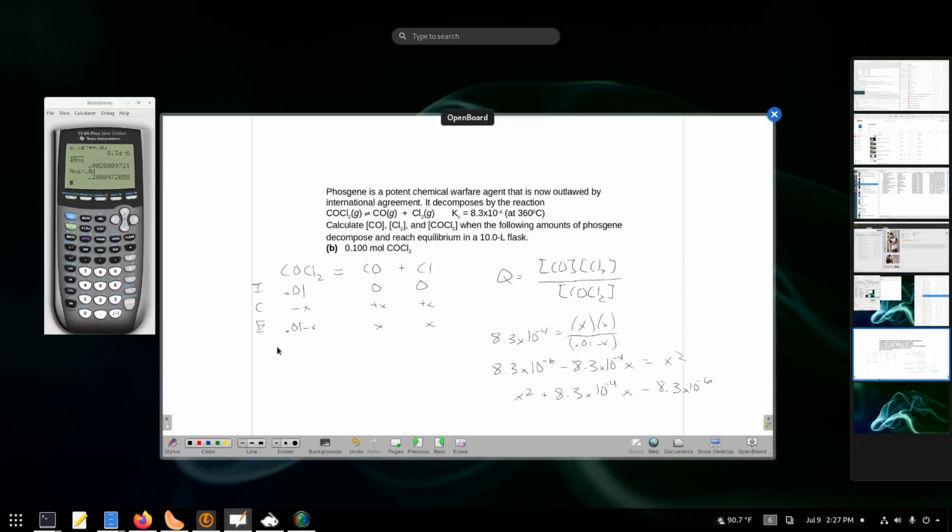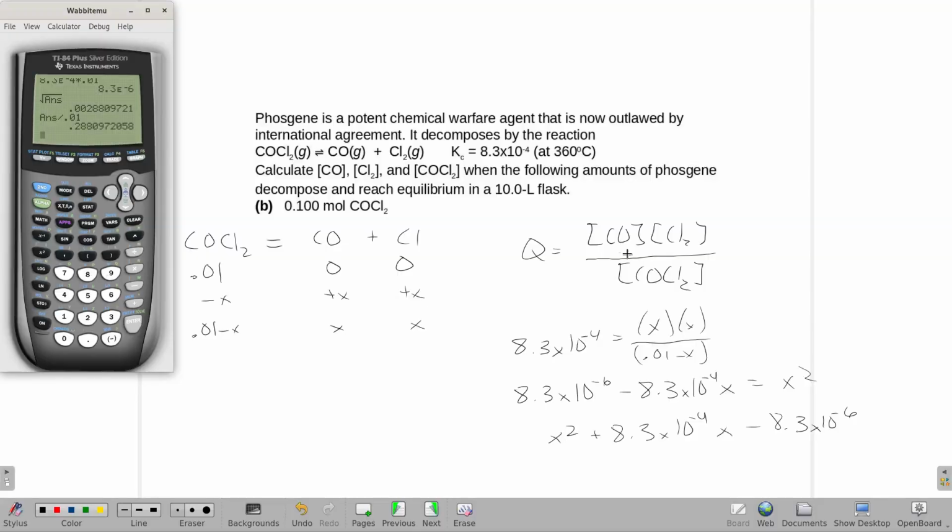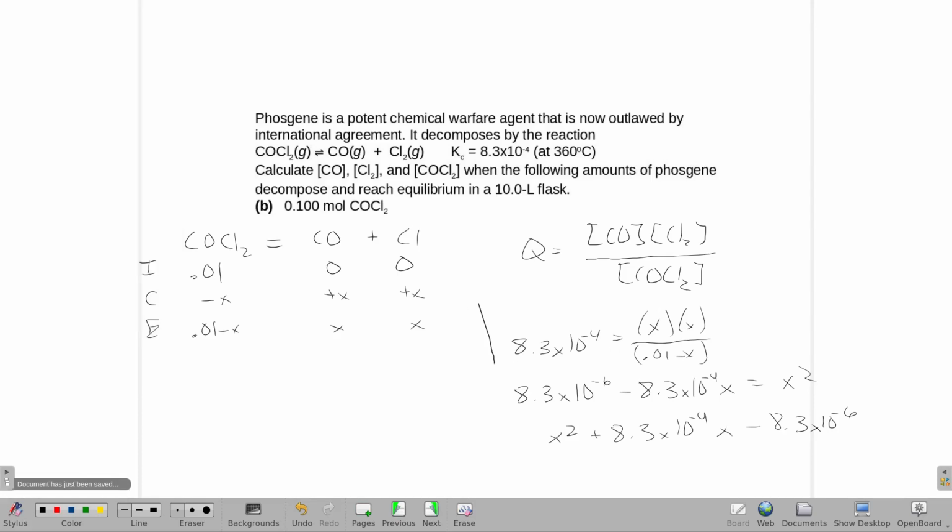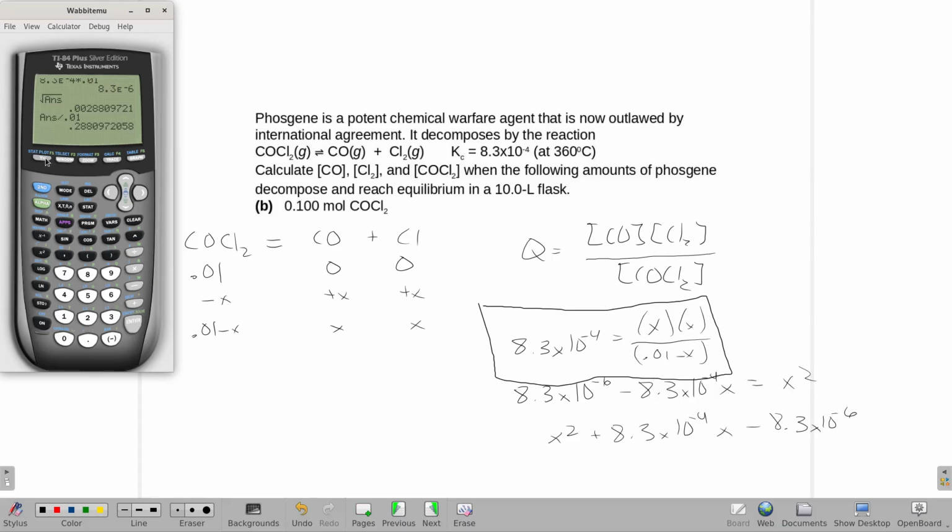Now if you have a graphing calculator, there's a quicker way. Alright, so what I'm going to do is I'm going to put this into my graphing calculator. So box it in, and we're going to solve for that x using our graphing calculator.